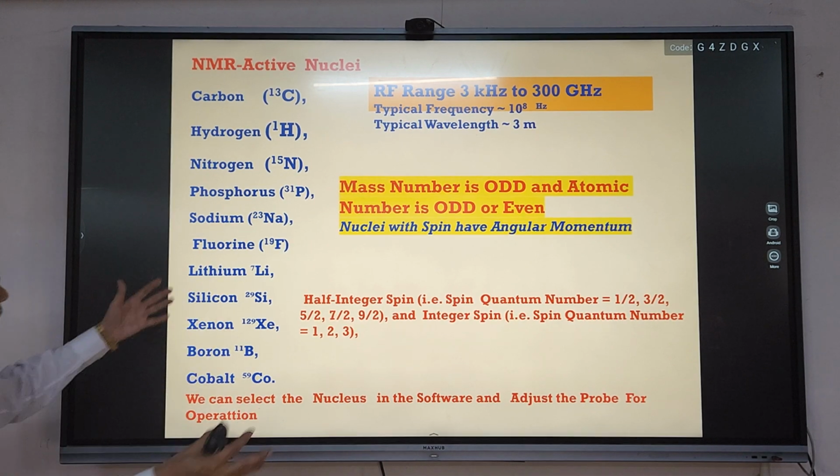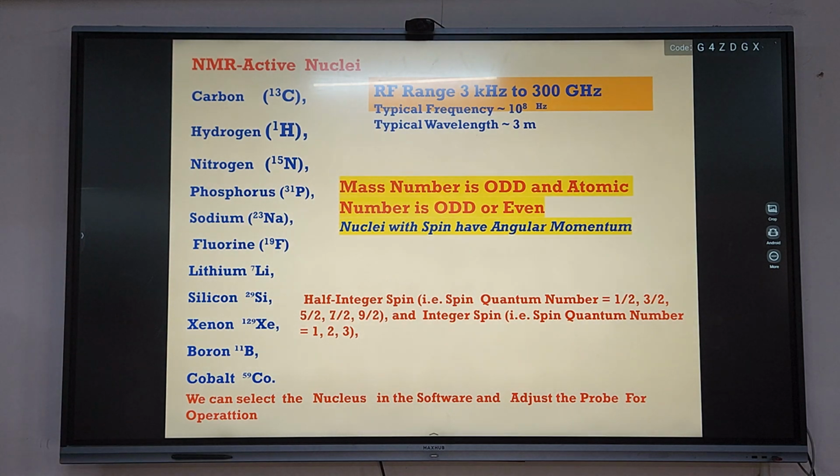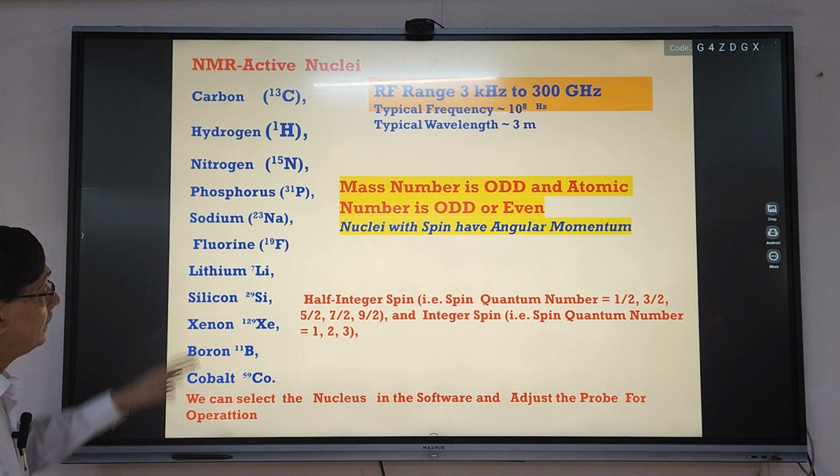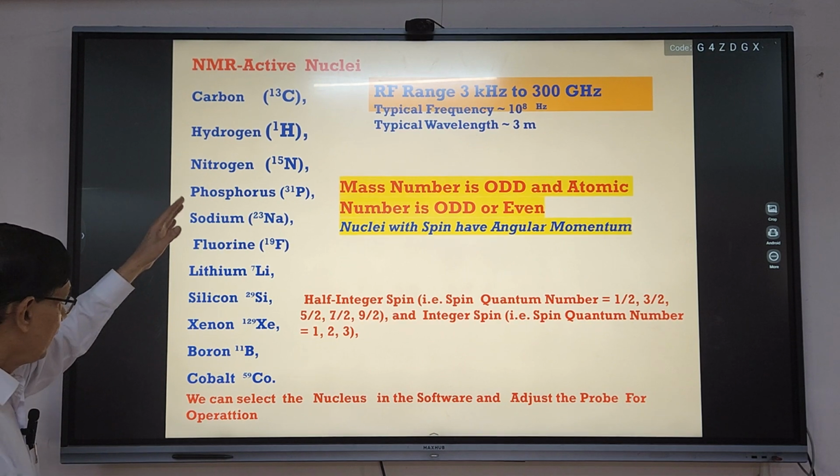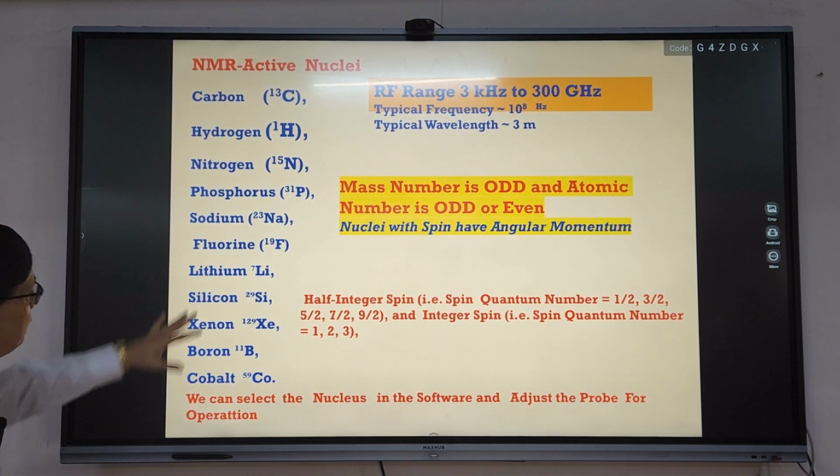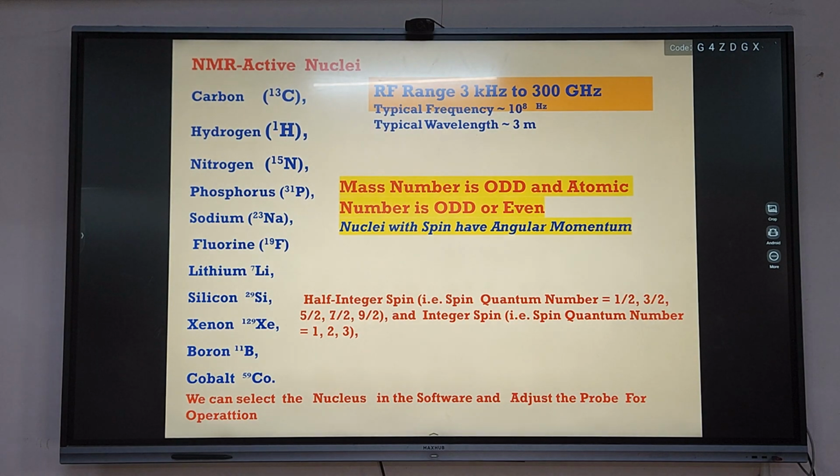So you know that in the periodic table there are a large number of nuclei, but I have given some of the most important NMR active nuclei.